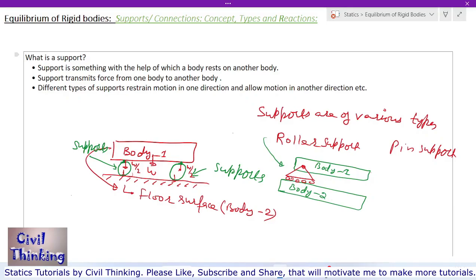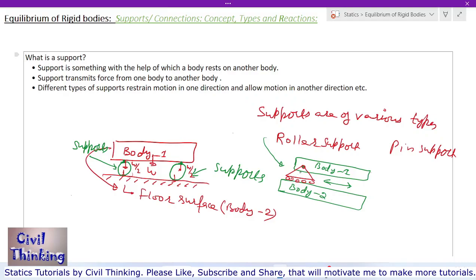Now what is the function of roller support? It allows rotation at this point. It allows body 1 to rotate at this point. It also allows it to move left to right or right to left. But as you can see here, it does not allow up down motion.